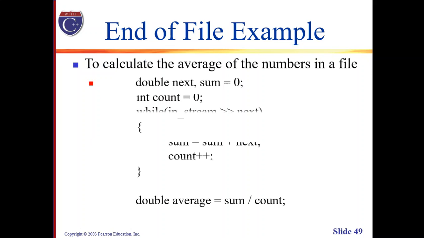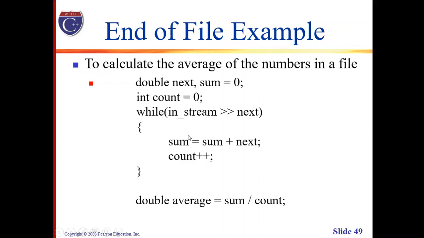So here's an example. Let's say we would like to calculate the average of the numbers in a file. We have the following code. Of course, we declare and initialize the following variables. What's happening here is that it is assumed that a file has been opened and linked to this variable, which is an input stream variable. Whatever content can be read from this file will be stored into this variable, and that content will be used in the following operation.